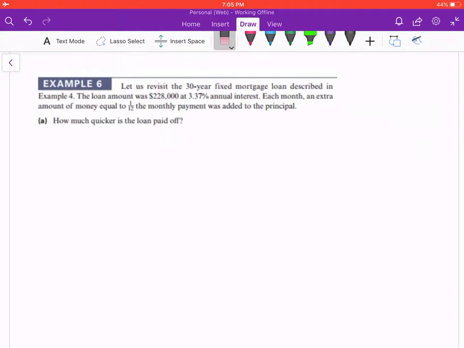It says, let us revisit the 30-year fixed mortgage loan described in example 4. The loan amount was this much at a 3.37% annual interest. Each month, an extra amount of money equal to 1/12 of the monthly payment was added to the principal.